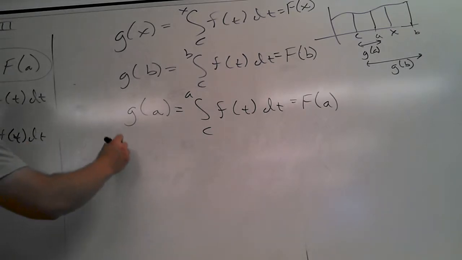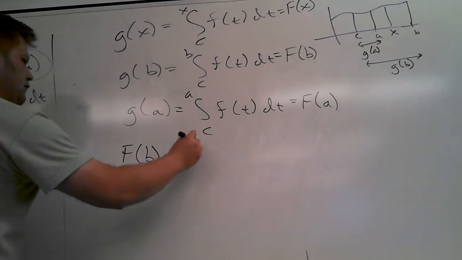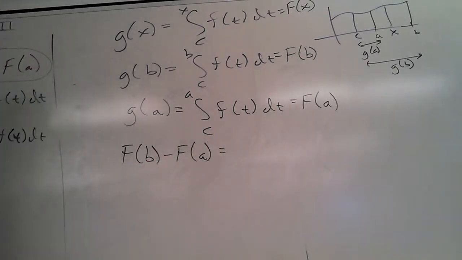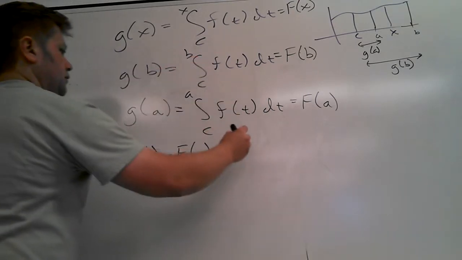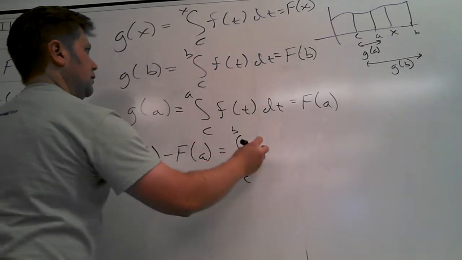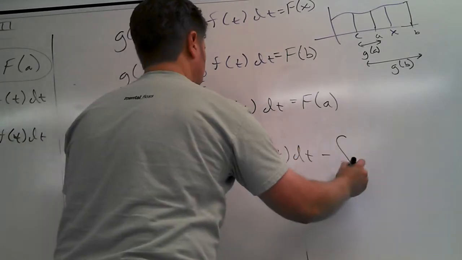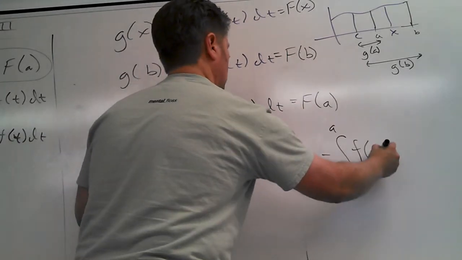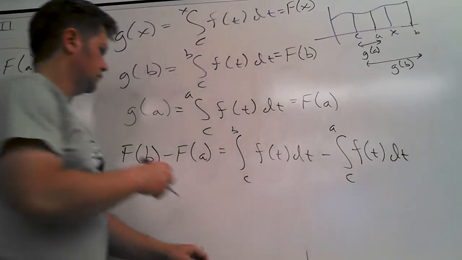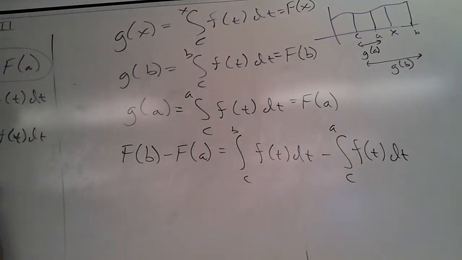So big F of b, let's see if this works, because I haven't tried to do it this way, equals the integral from c to b minus the integral from c to a. It's kind of nifty.